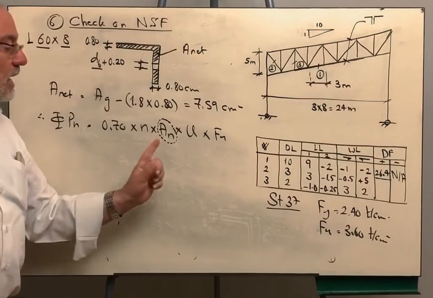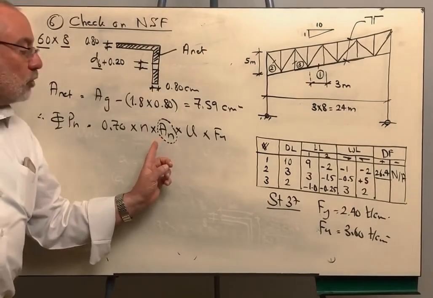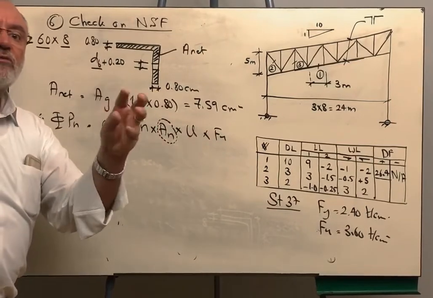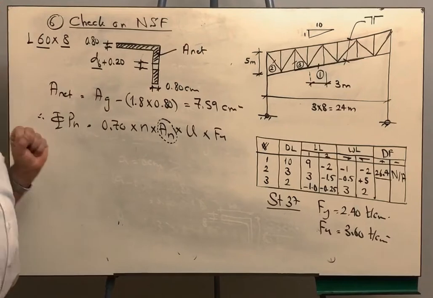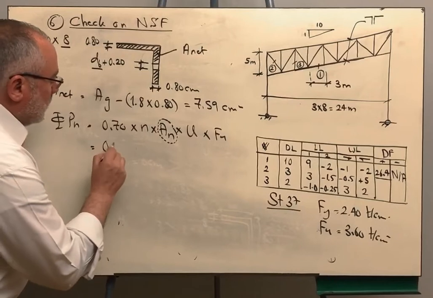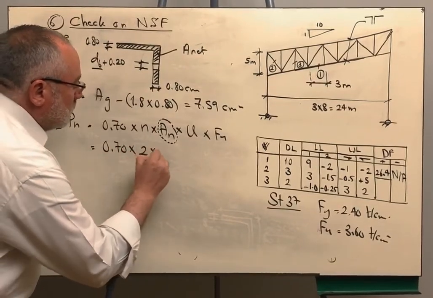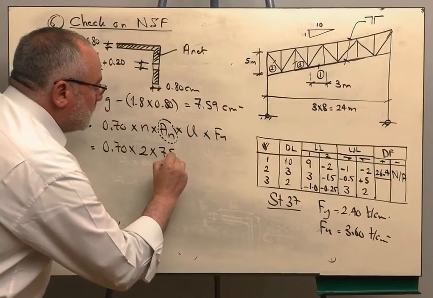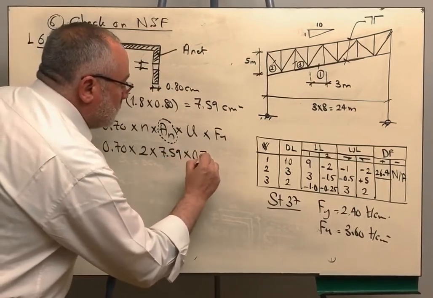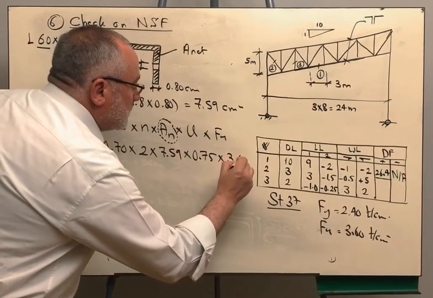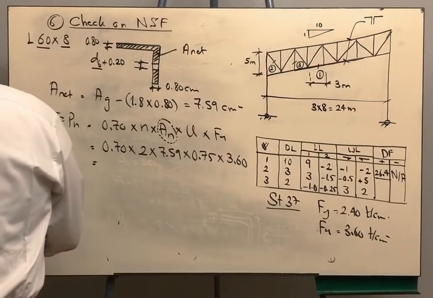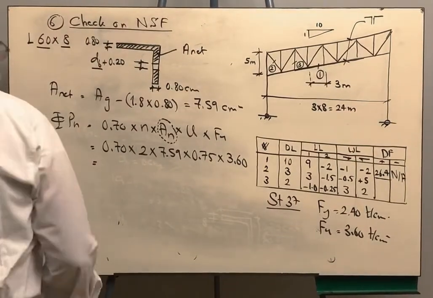Before, when we were selecting the angle, instead of writing area net, we wrote area gross multiplied by beta, because beta is accounting for the amount of deduction due to the presence of the bolt hole. So we don't use beta anymore here. So we are having here 0.7 times 2 times the net area, which is 7.59, times u, the shear lag factor is 0.75 as long as the connection is bolted, and the value of F ultimate is 3.6. If you did this, you will find that it is 28.7.